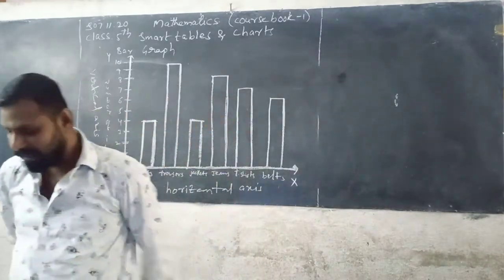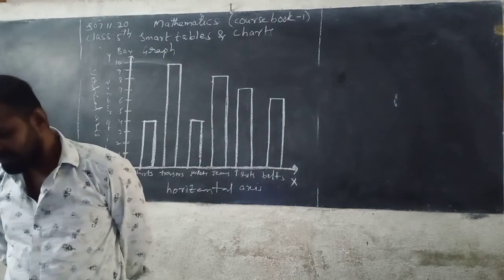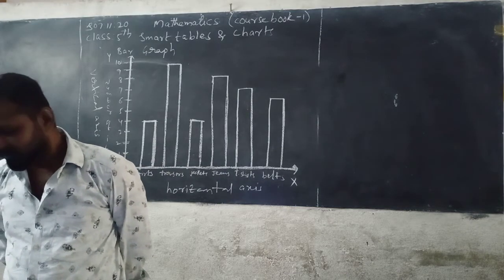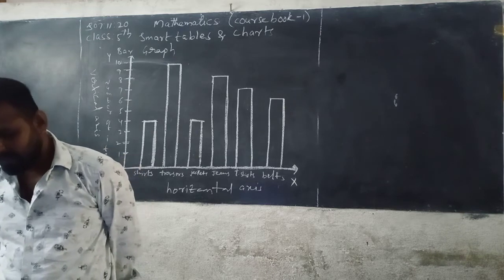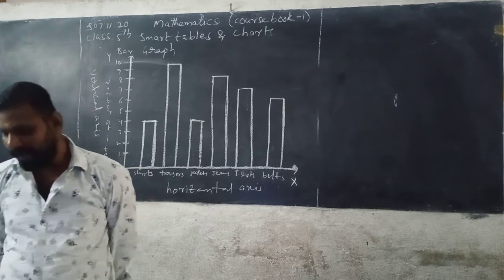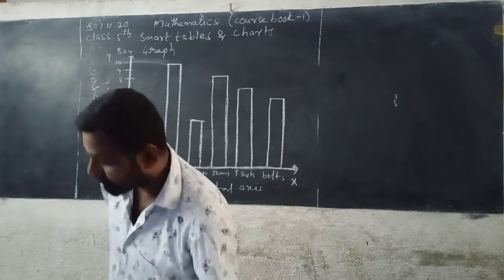Now next, the bar graph given below shows the runs scored by 6 batsmen in an inter-school cricket match. Analyze the bar graph and answer the following questions.